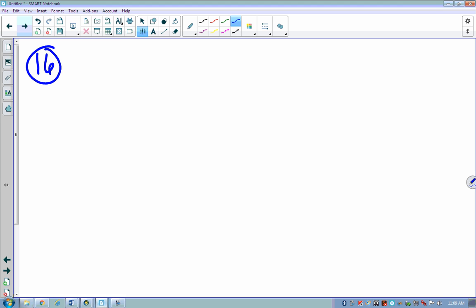Okay, so equilateral triangle, it's not a right triangle, right? It's equilateral. What do we know about equilateral triangles? All angles are the same. All sides are the same, right? So I'm getting something that looks roughly like this. Do we know what the angle measures of an equilateral triangle are?